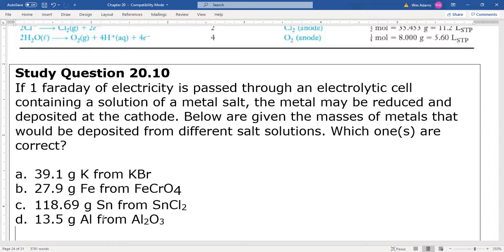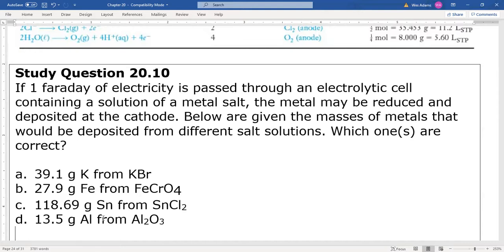We want to produce 10 from tin chloride. And so that's a 2 equivalent reduction. So 118.69 divided by 2 is not going to work, because the molar mass of tin is 118.69.